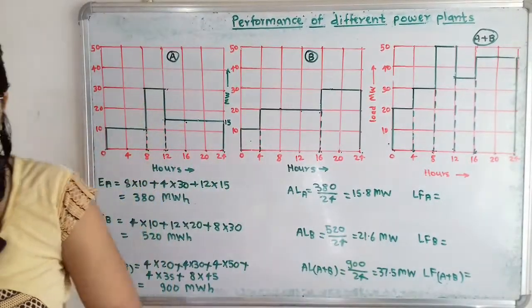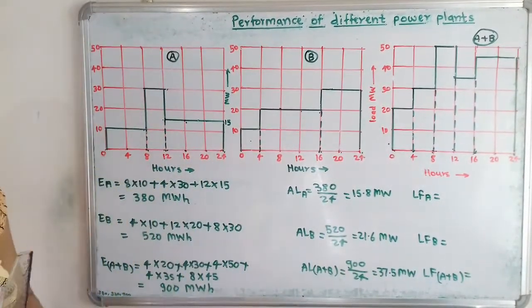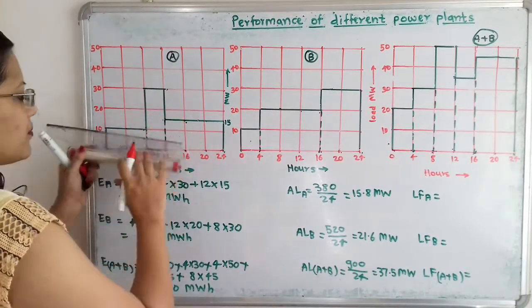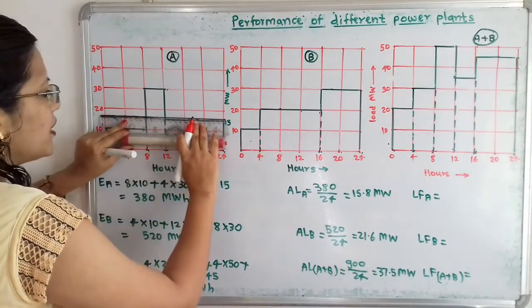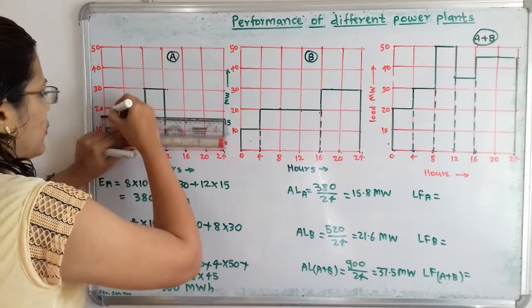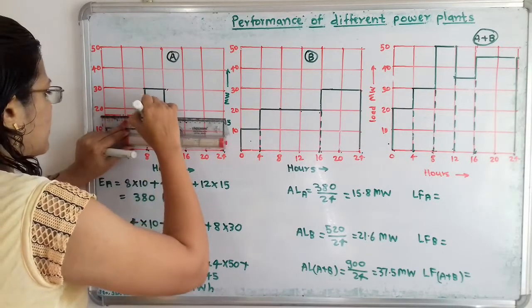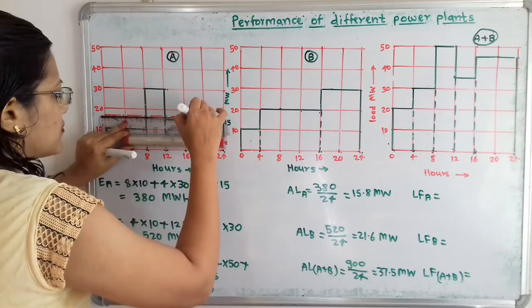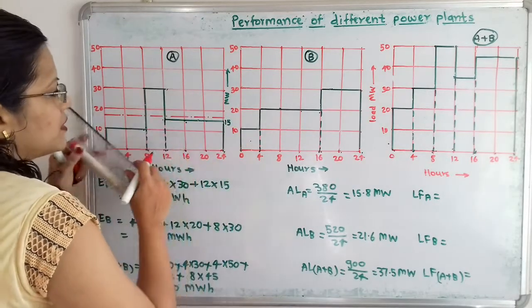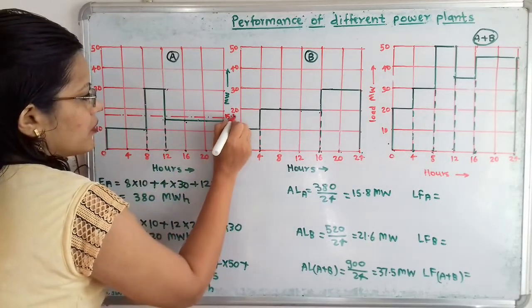So now we will show this on the load curve. So the average load, I will show this. First is 15.8, so it is above this 15. I will show it here in the form of a dash and dot line. So here is 15.8.